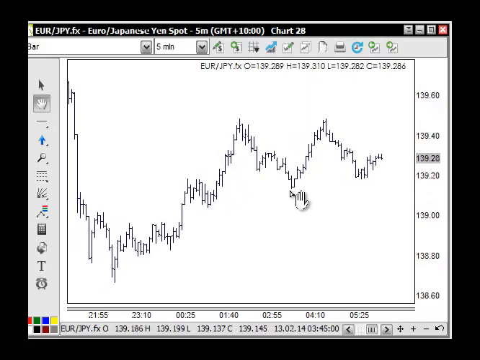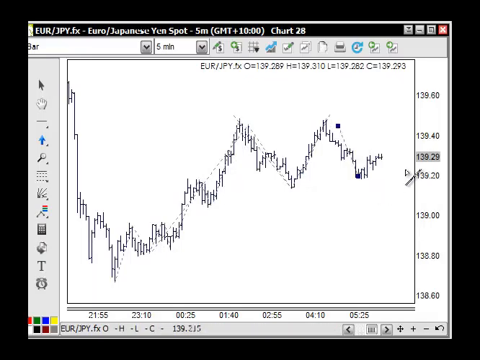Just bear with me for a second. Okay, so that looks like it. I'll label it this way: down for 1, back for 2, then 1, 2, 3, 4, and 5 for the 3rd wave. So all of that is the 3rd wave, the 4th wave, and the 5th wave to here. Otherwise, this is the A, the B, and the C here.